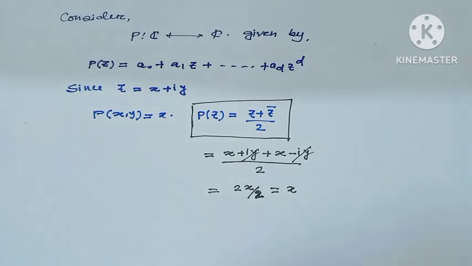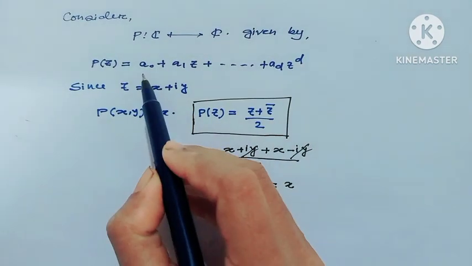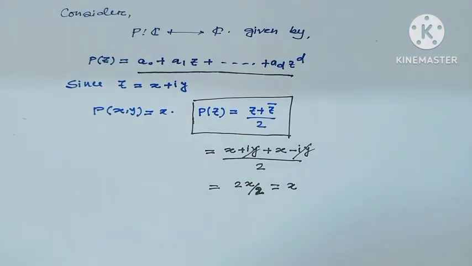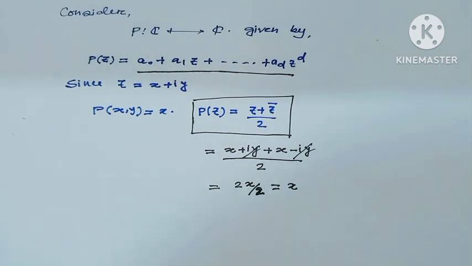And here the polynomial defined from complex number to complex number is given by p(z) equal to a0 plus a1 z plus a2 z square plus ... plus ad z to the power d. And since z equal to x plus iy, obviously p(z) contains x and y.